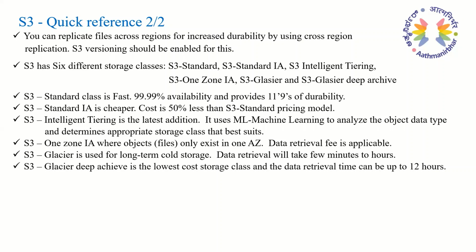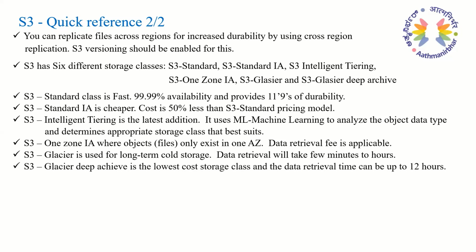The S3 Standard class is very fast, which gives 99.99% availability and provides 11 nines of durability. S3 Standard IA class is much cheaper compared to S3 Standard. The cost is 50% less than the S3 Standard pricing model.